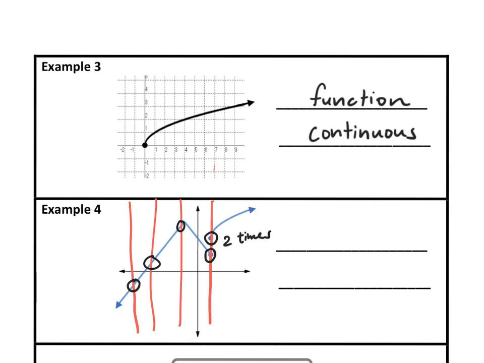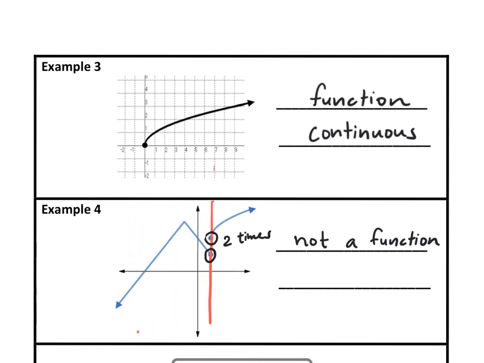So did it pass the vertical line test? No, right? So in this case, this is not a function. Let me go ahead and erase this.